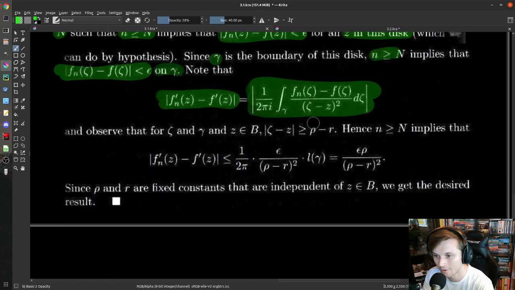So how far away could they be from each other? Well, the biggest difference could be to the center of the circle, and then you've got the little rho. So rho minus r. Does that make sense? If it doesn't, just draw the picture. You will immediately go, oh, okay, obvious.